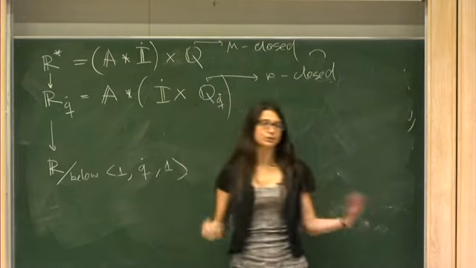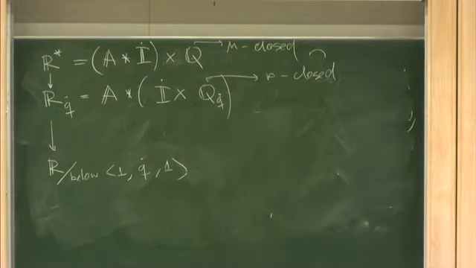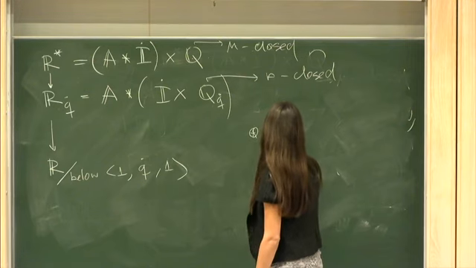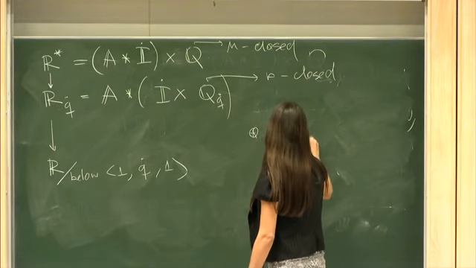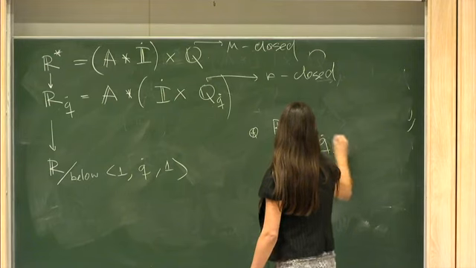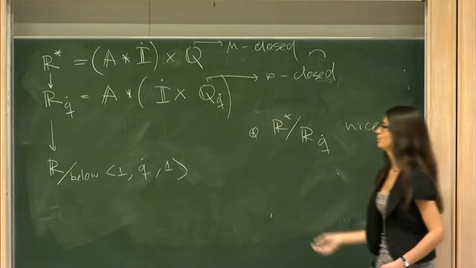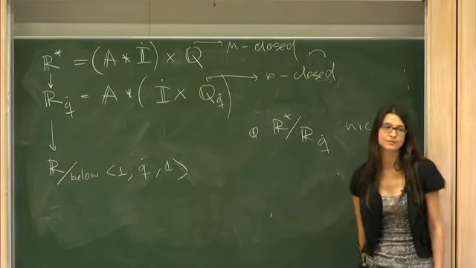So if you restrict yourself to all elements below this triple. Okay. And so the moral of the story is that R star mod R Q dot is nice. And we'll be using this quotient to do branch preservation lemmas.